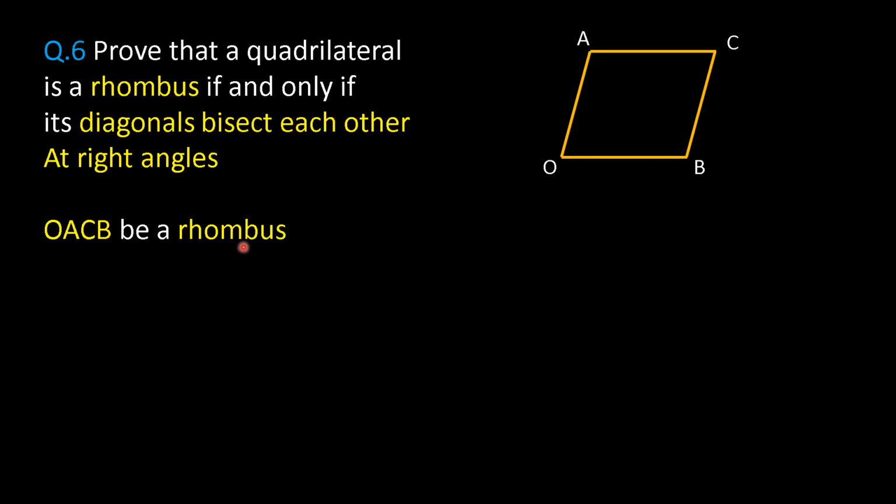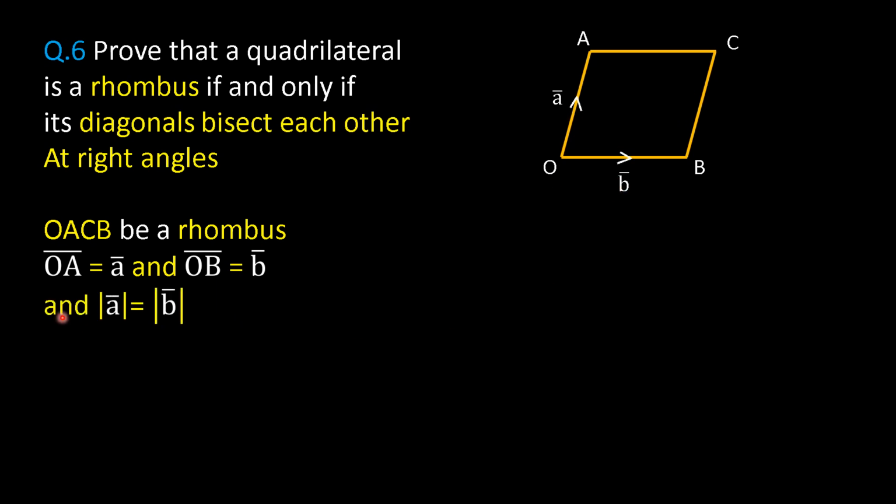OACB is a rhombus. Therefore, OA bar equals A bar and OB bar equals B bar.